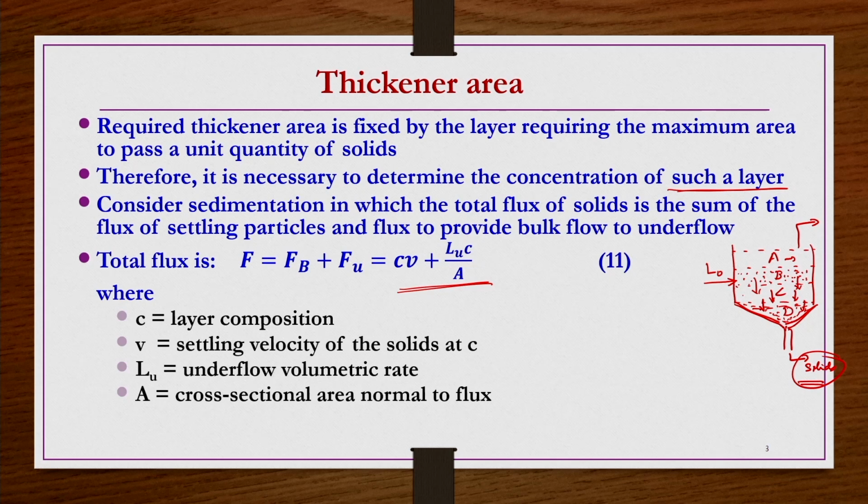We already understood the settling velocity of the particles is a function of the concentration of the solids. Okay. So, Lu is the underflow volumetric rate, whatever the volumetric rate that you are taking through the D zone, the solid sludge that you are taking out through this bottom zone, that is Lu. Okay. And A is the cross sectional area normal to the flux.